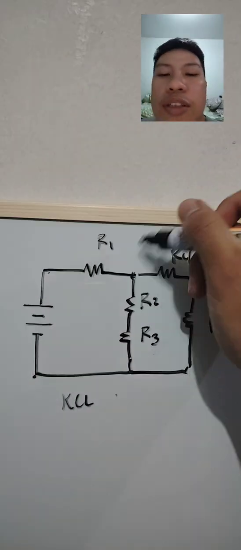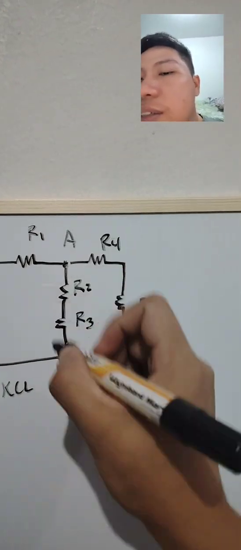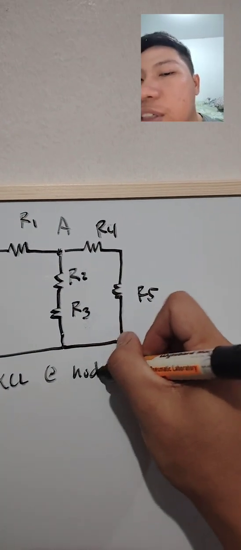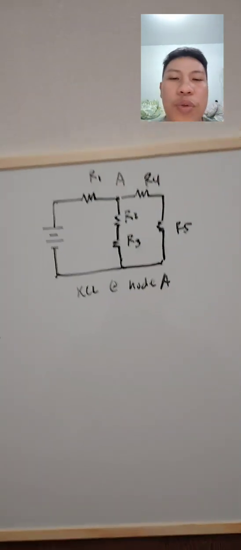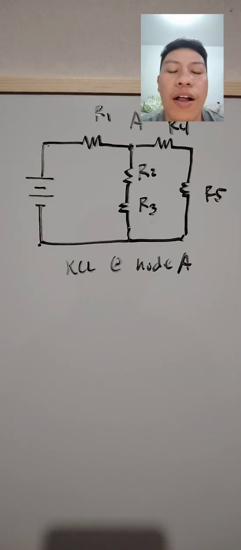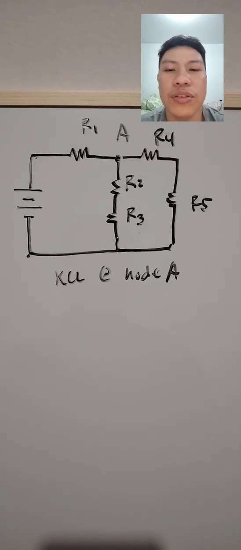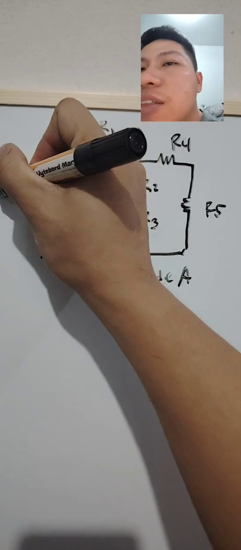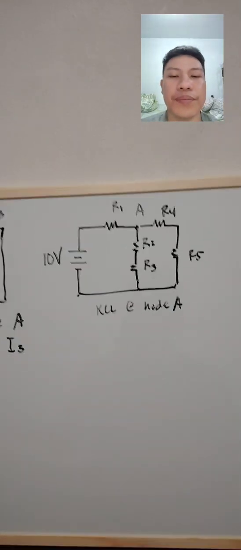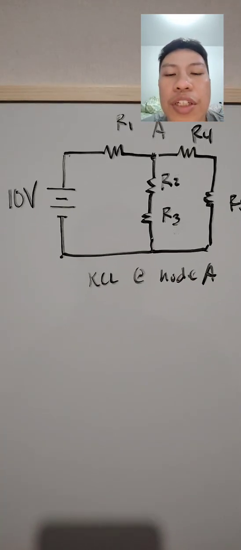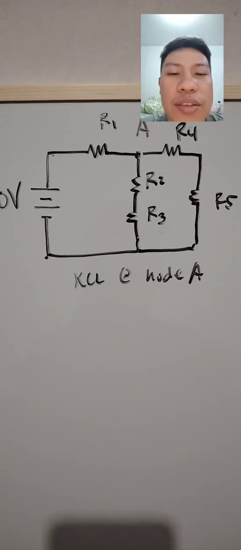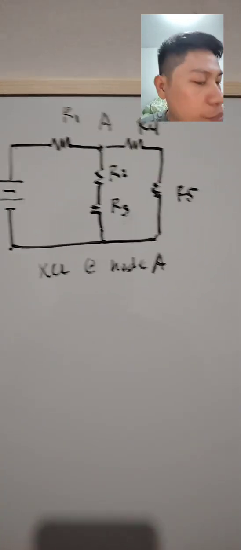Let us call this node A again for the circuit and see whether we come up with a similar equation. Let's say this is 10 volts. Okay, I will assign values first. So KCL at node A, the equation that we come up with.